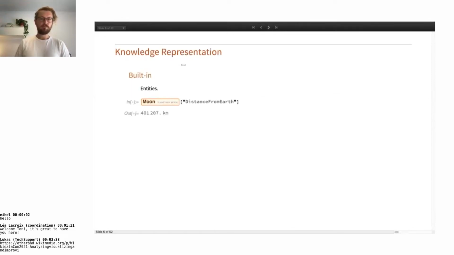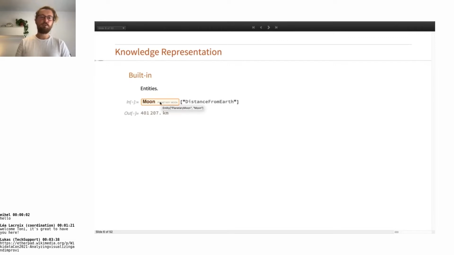So let's focus on one area of functionality, knowledge representation. The Wolfram language has a built-in knowledge base. In order to ask questions about something, you need to be able to refer to it. And to refer to something in the Wolfram knowledge base, we use entities. Here you see an entity in this nice yellow-orange box.